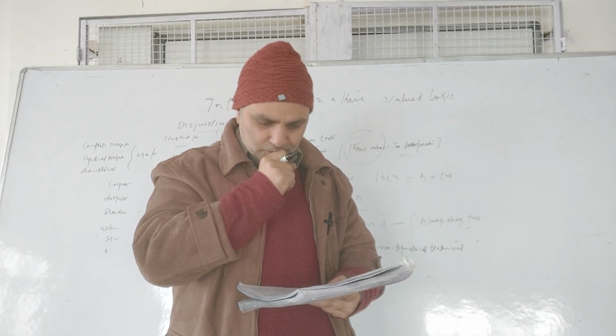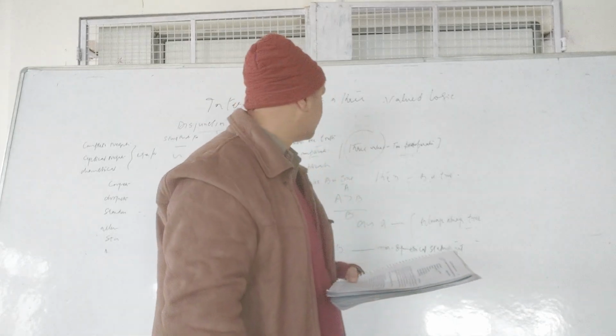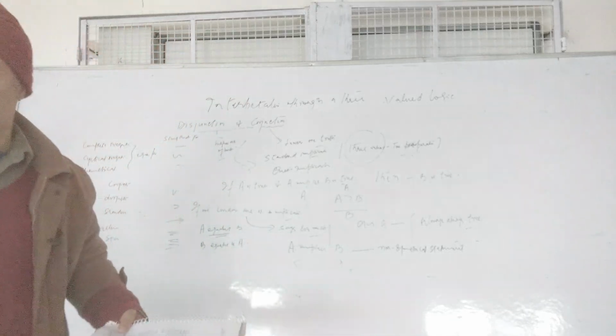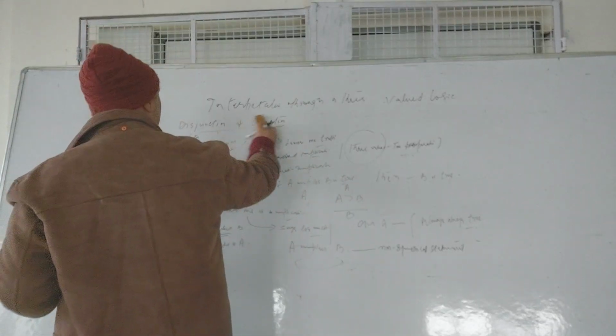Our truth values are so defined that only a statement having a truth value T can be asserted. Only T can be asserted. What does that mean?